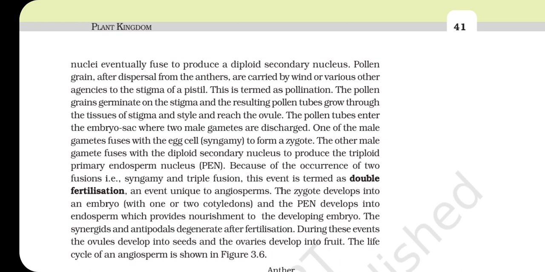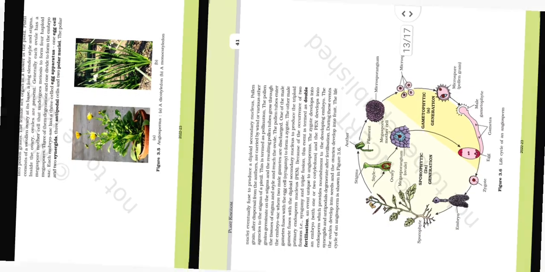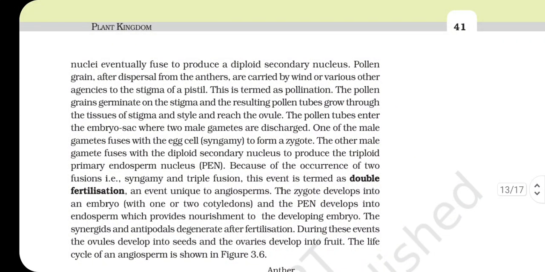Because of the occurrence of two fertilizations, an event unique to angiosperms, the zygote develops into an embryo with one or two cotyledons, and the primary endosperm nucleus develops into endosperm, which provides nourishment to the developing embryo.